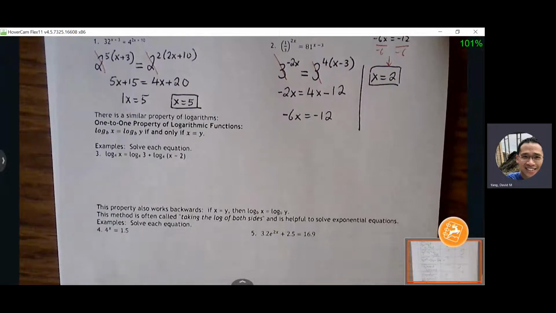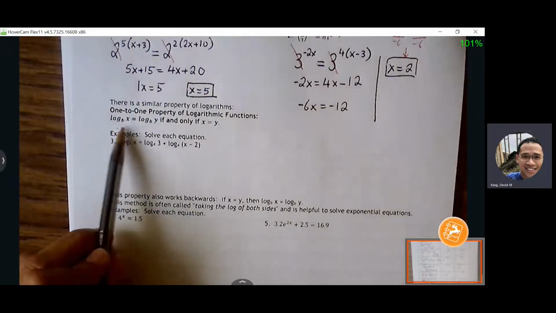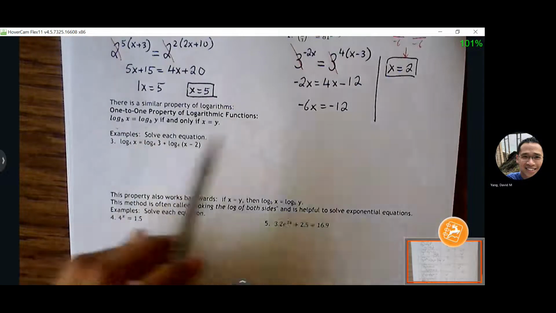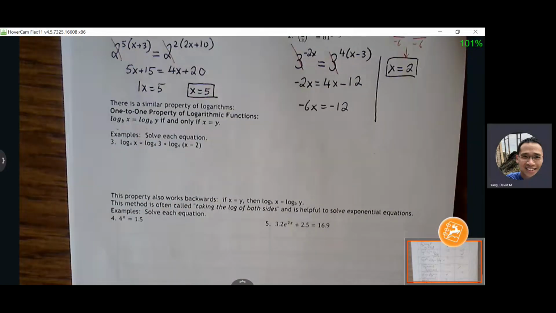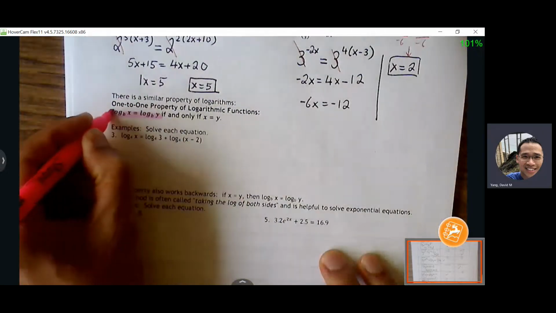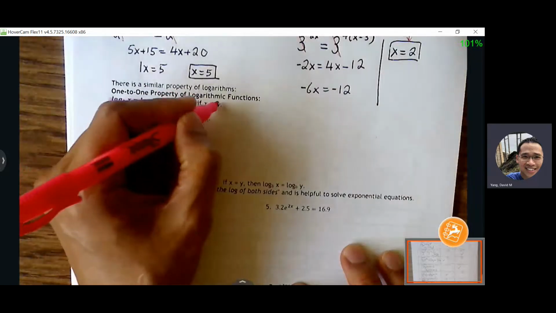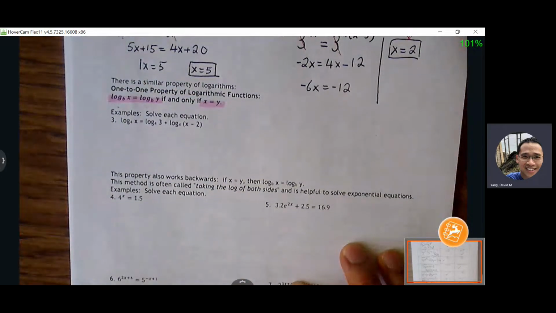Now, in a similar way, if I can get both sides to show log base b, I can apply that same process. Just like how I can remove the same base from both sides and just focus on the exponent, if I can get the two sides to show the same log base, I can drop the logs and just focus on my expressions.